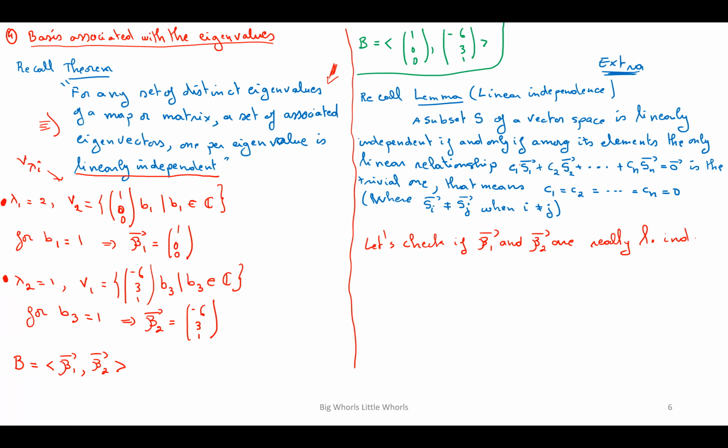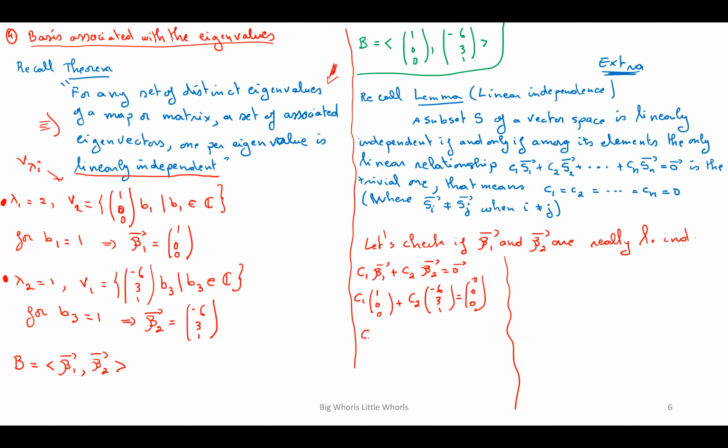So what the lemma says is that we need to take a linear combination. So c1 beta 1 plus c2 beta 2 equals 0. Let's see for which values of c1 and c2 this relationship holds. So you have c1 times (1, 0, 0) plus c2 times (-6, 3, 1) equals (0, 0, 0).